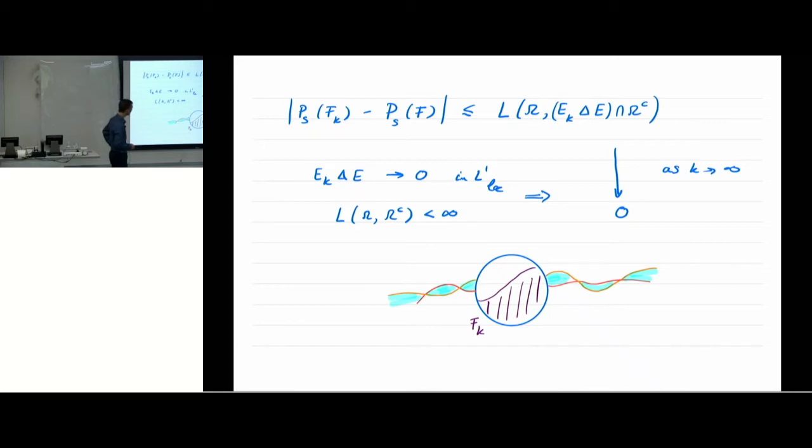But the symmetric difference outside of omega tends to 0 in L1. That's sort of my assumption. Yeah? And now I essentially have like a dominated convergence theorem, right? I have this set, sort of this set tends to 0 in measure. Yeah? But this interaction is always bounded above by something that is constant.